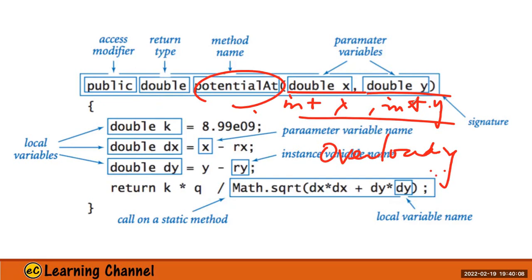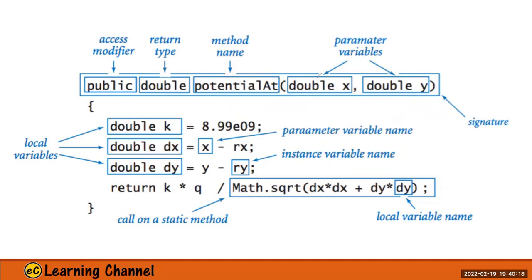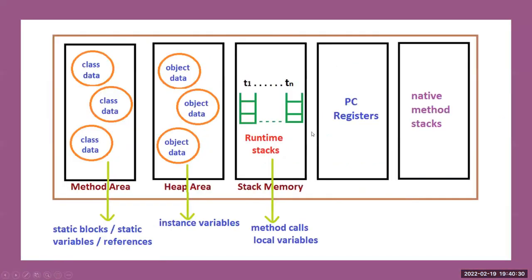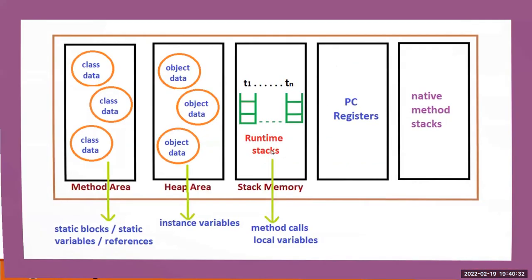Overloading usually happens in the same class: same function name in the same class, different parameter types. Overriding is the same function name and same parameter list, but in a different class. That is so-called overriding. Overloading and overriding are very important.